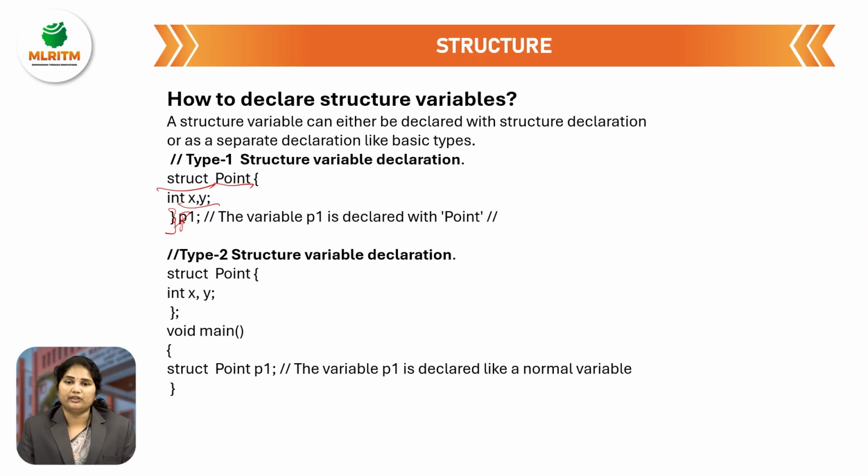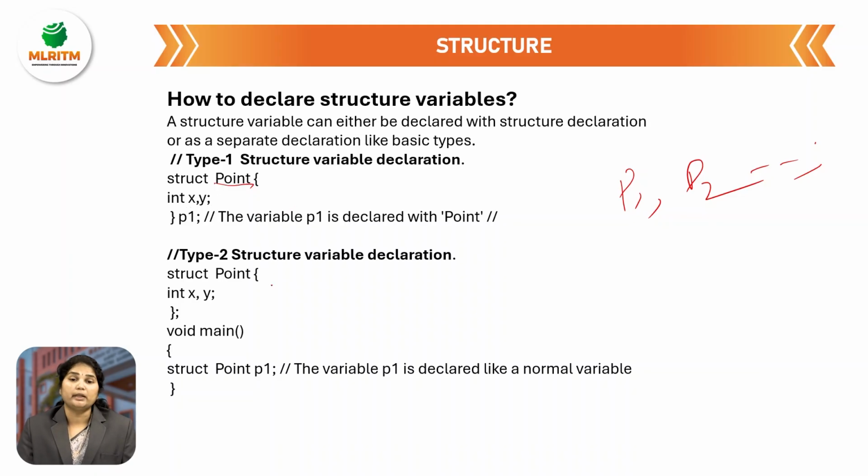Before the semicolon we keep the variable name. If we want to declare 2 variables, then by using a comma we can give 2 variables, like P1, P2, and so on. However many variables we have to declare, that many we can declare. This is one type of declaring a variable.